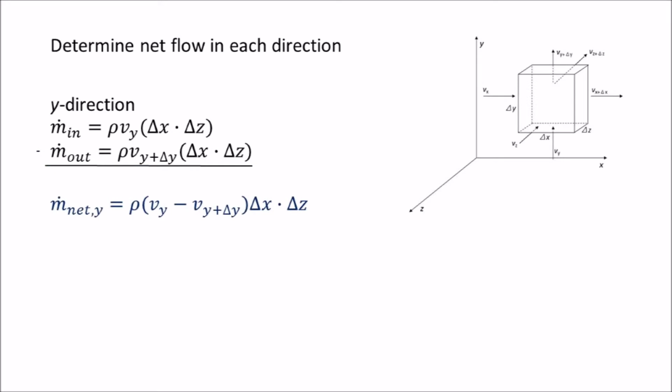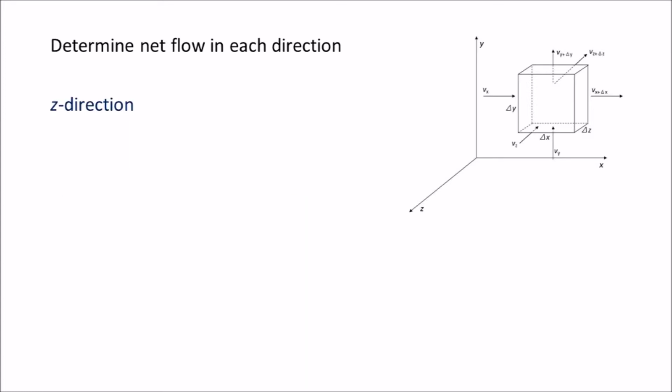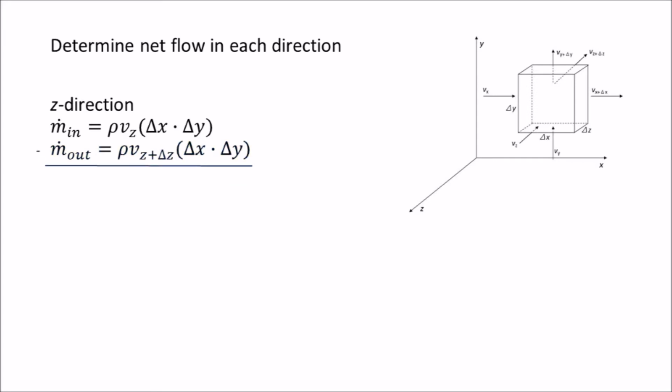This gives us a net flow in the y direction of density times the entering velocity minus the exiting velocity times delta x times delta z. Finally, we repeat the process for the z direction, writing our mass flow rate in, our mass flow rate out, and taking the difference between the two to yield our net flow in the z direction.